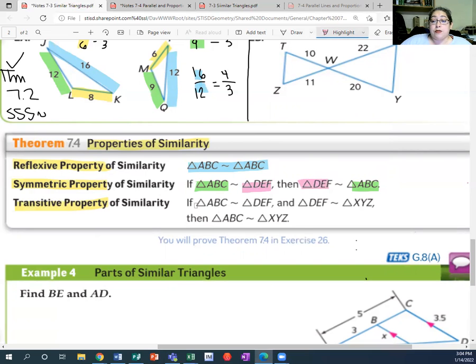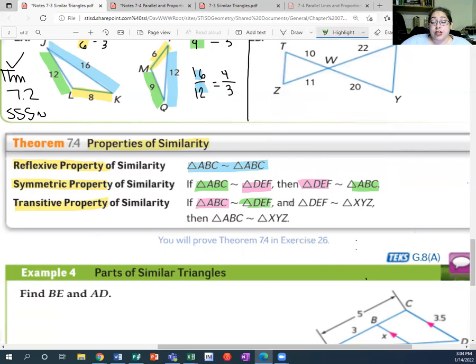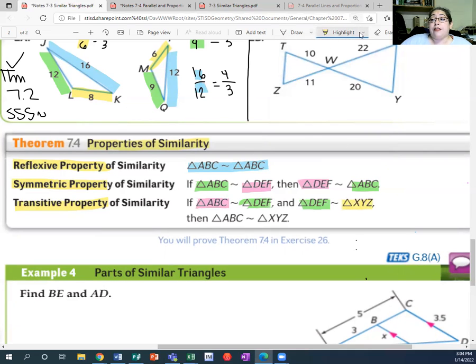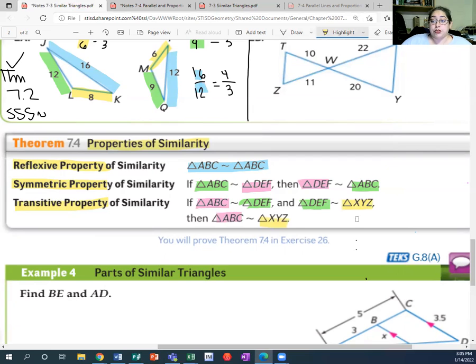The transitive property says that if I have one shape stated as similar to another shape, and that second shape similar to a third shape, then the first shape must be similar to the third shape. Watch out if I toss another proof at you, if we've got this kind of chain thing happening.